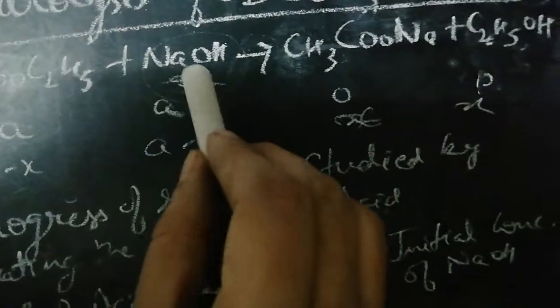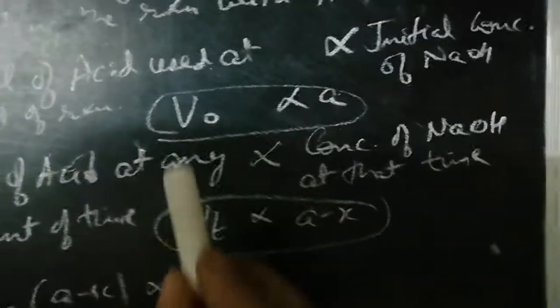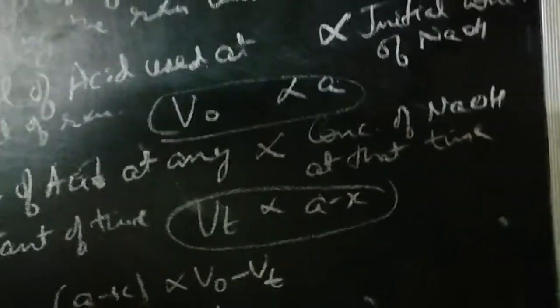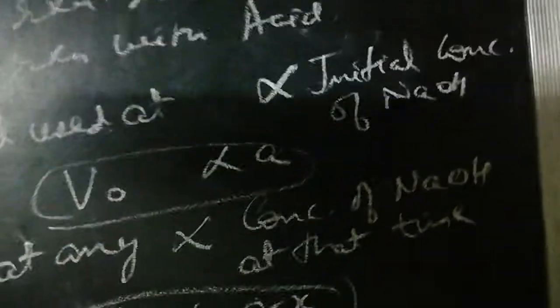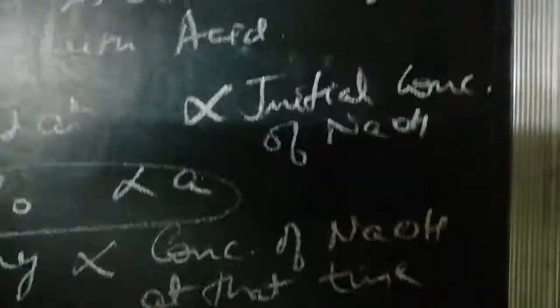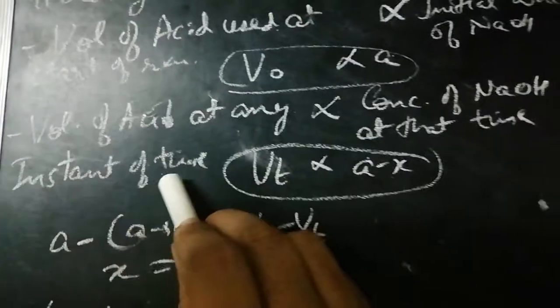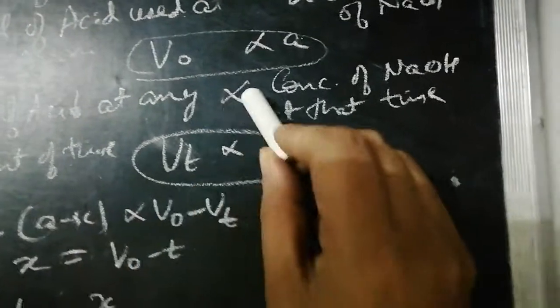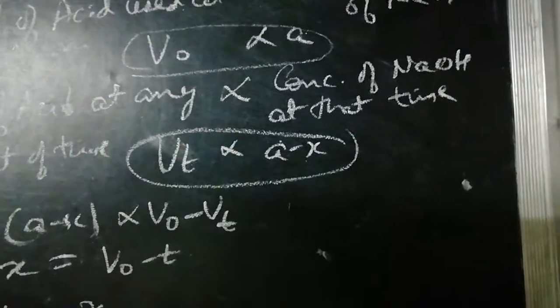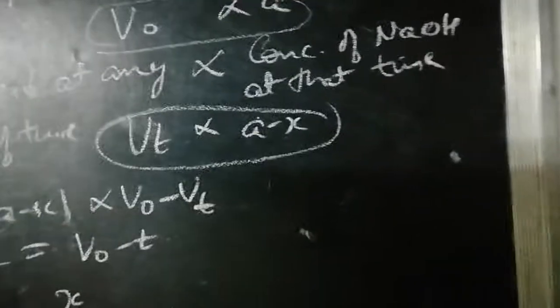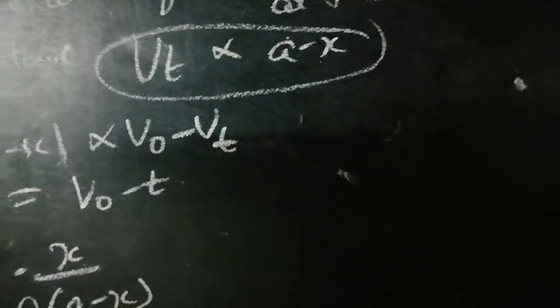It must be equal to the amount of alkali which is present. So acid used at the start of reaction is written as V0. It is directly proportional to the initial concentration of NaOH, that is A. So volume of acid used at any instant of time is directly proportional to the concentration of NaOH at that instant of time, that is Vt is directly proportional to A minus X.